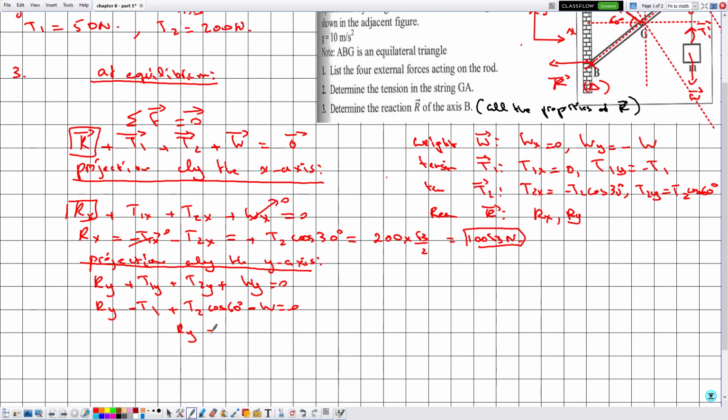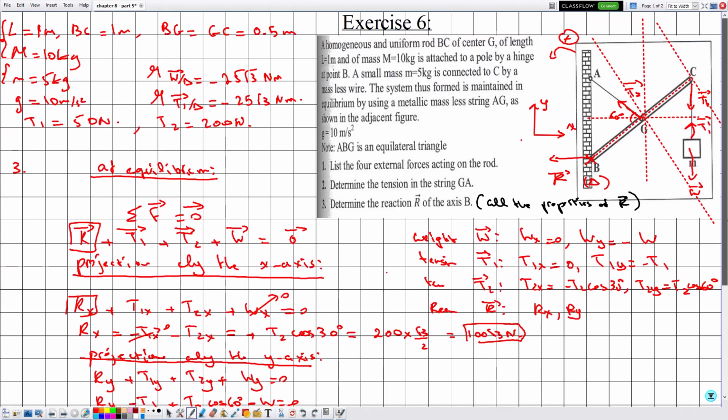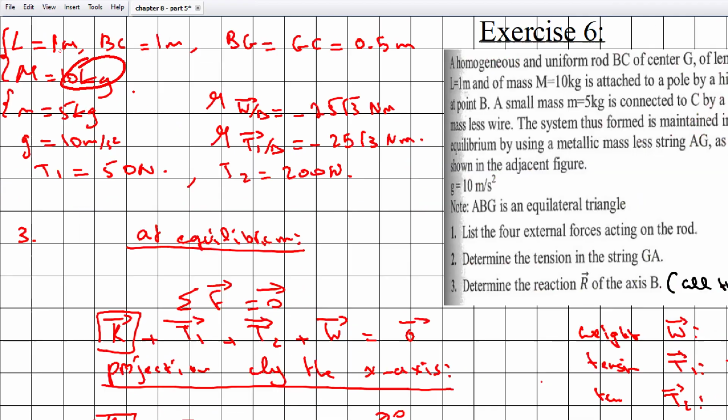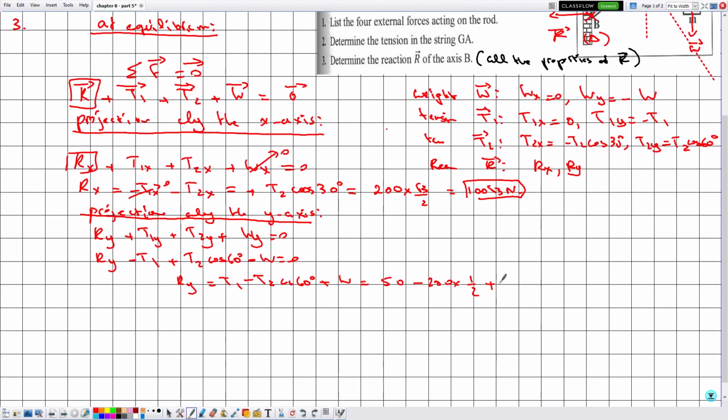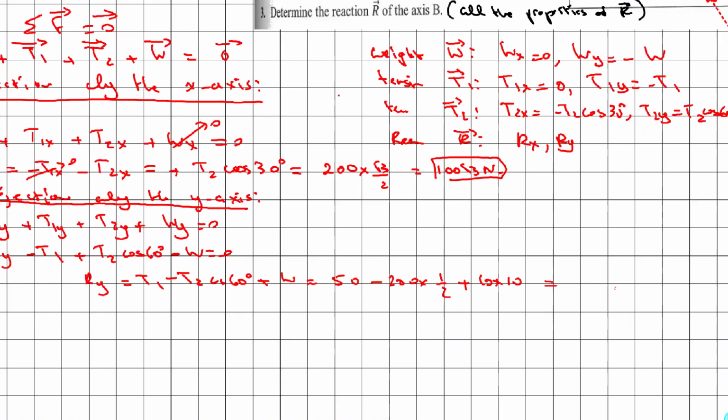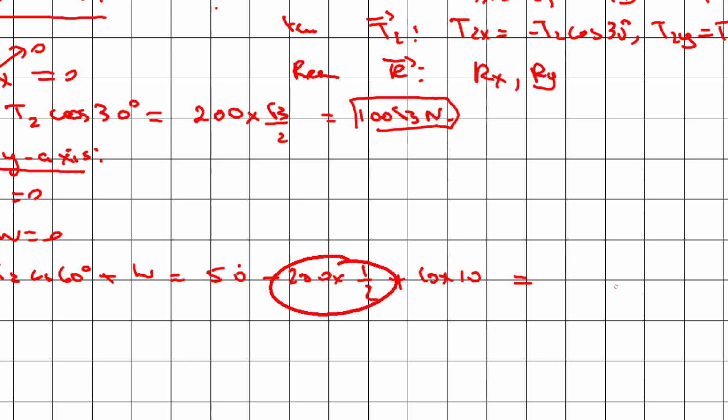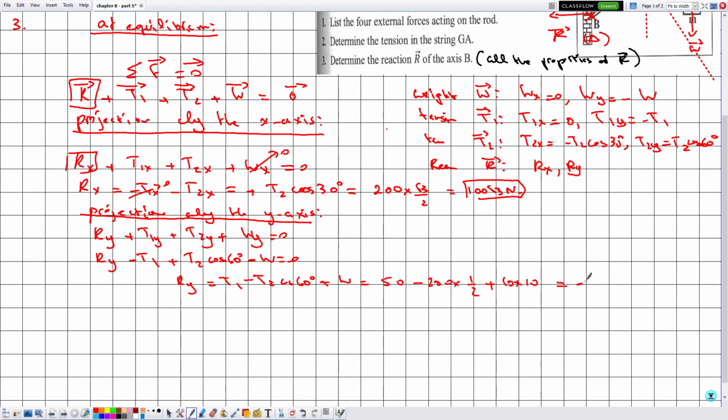Then Ry is equal to T1 minus T2 cosine 60 plus W. Now T1 is given by 50, T2 is 200 times half, plus W. I think W is given by 100, because 10 multiplied by 10 gives 100. Then this is minus 100 plus 50 plus 100, which is equal to 50 newtons. So Ry is equal to 50 newtons.